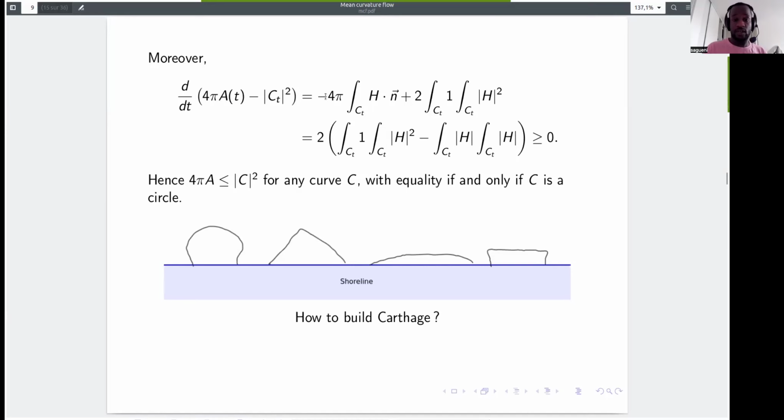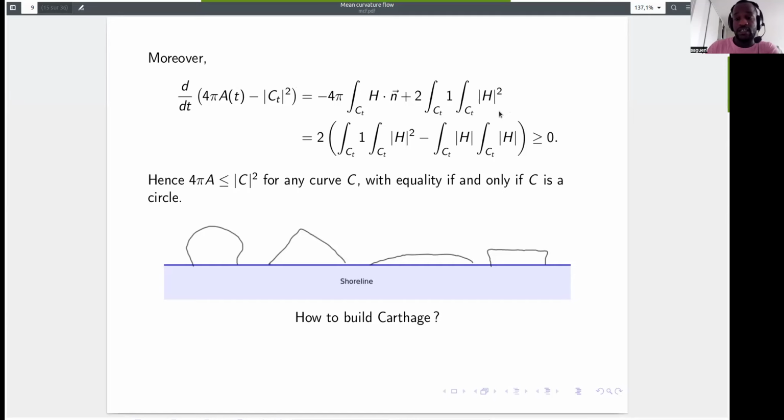The derivative is equal to 4 pi times the derivative of the area, which is this quantity, the integral over C_t of h dot product with n, and the derivative of the perimeter is the perimeter times 2 times the derivative of the perimeter, because here we have a square, and it gives this quantity.